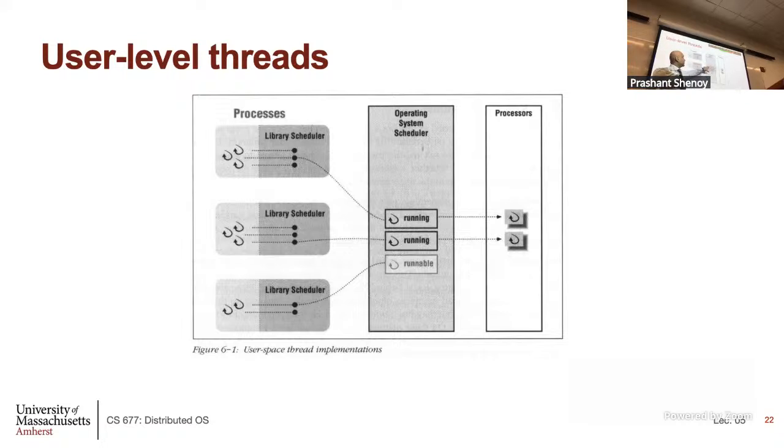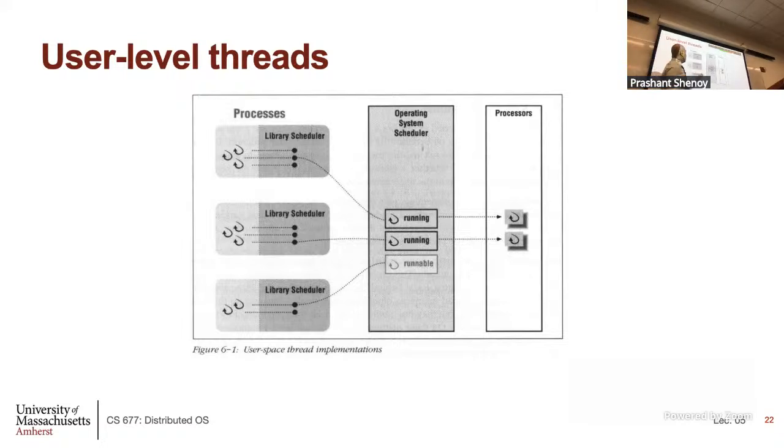So the OS scheduler will pick one process for execution and assign it a processor or a core. And the library scheduler will then decide, because this process is executing, which of its threads should execute. So it will make another scheduling decision. It will pick one of these threads for execution, and that's the actual thing that will run on that processor. So it's a two-level scheduling decision.